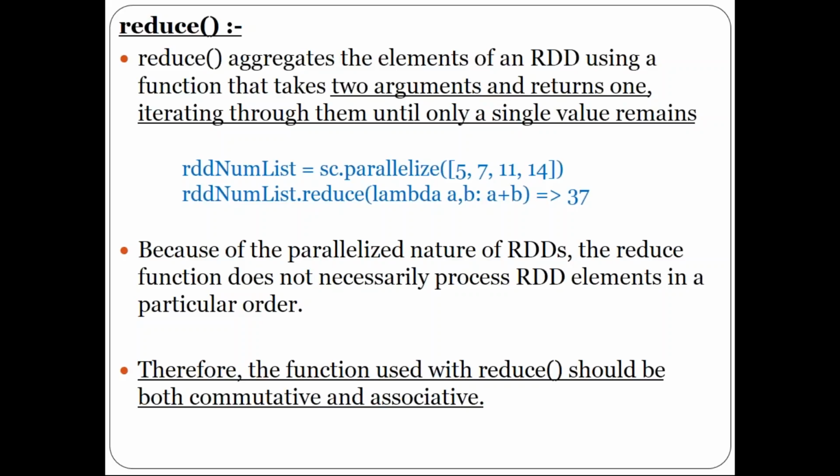Let us take 100 arguments and it has to return 1. It will iterate through each and every element in the 100 arguments. It keeps on iterating till it reaches the point where the value remains 1. That is the importance of reduce by key. Now, let us first understand theory and then do practical.